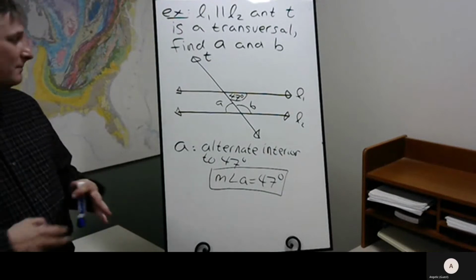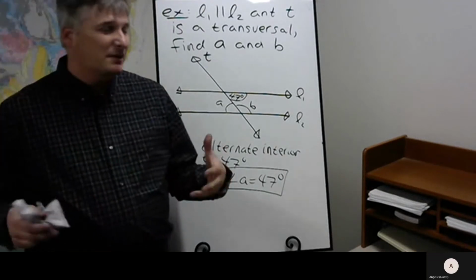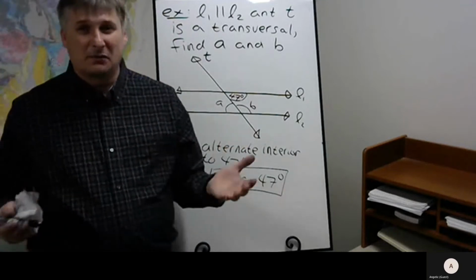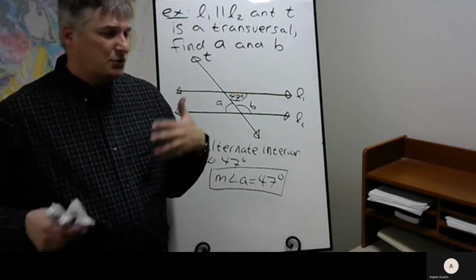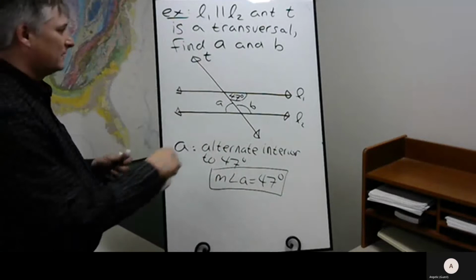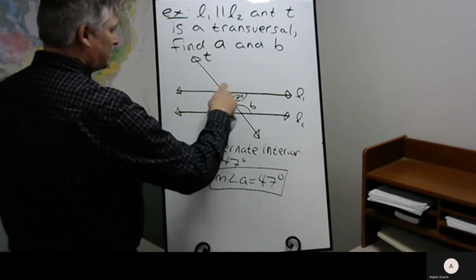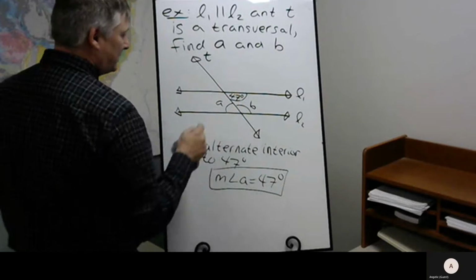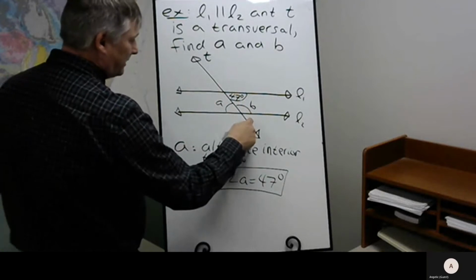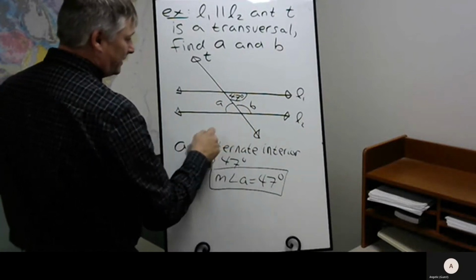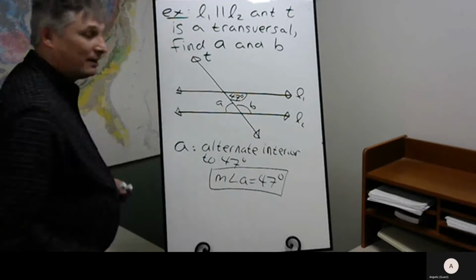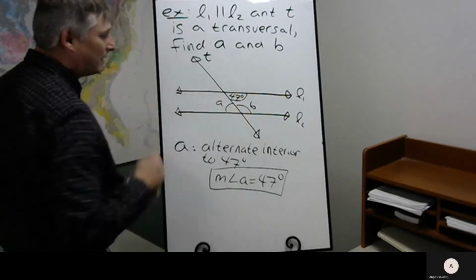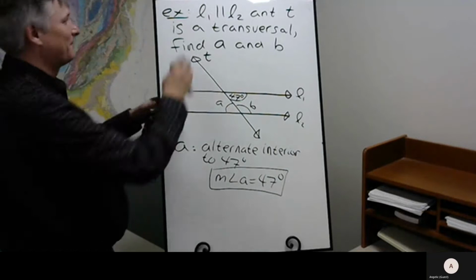Now to find B, we're going to make the observation that again, in this transversal and parallel line system, there are straight angles everywhere. Straight angle, these add up to 180. These add up to 180. These add up to 180. And these two add up to 180.